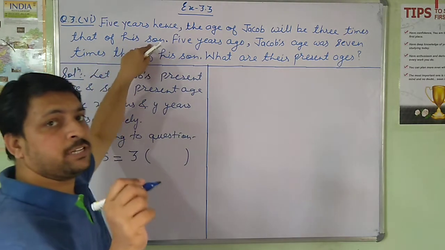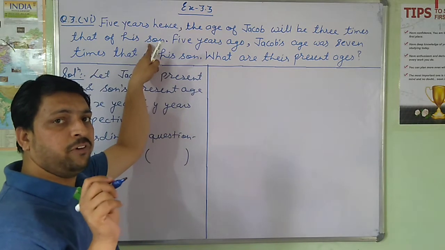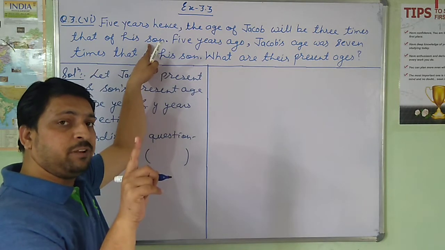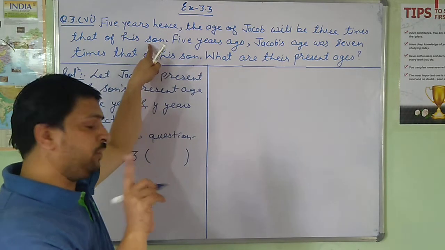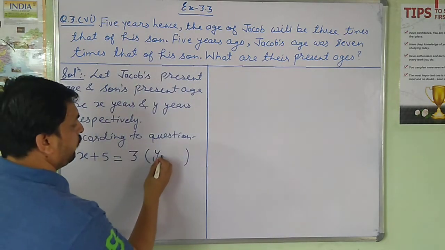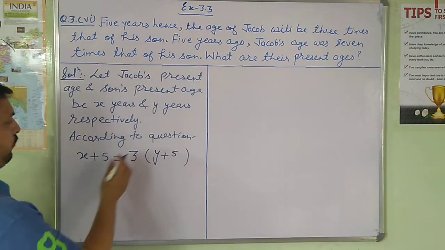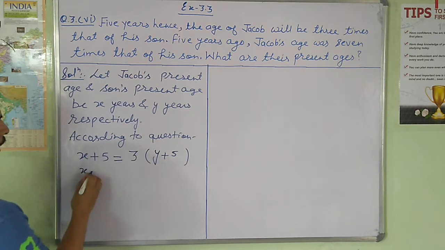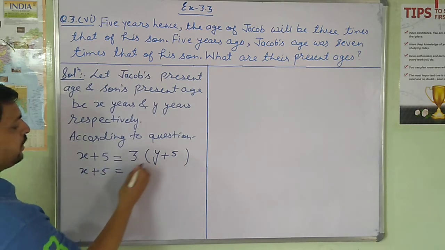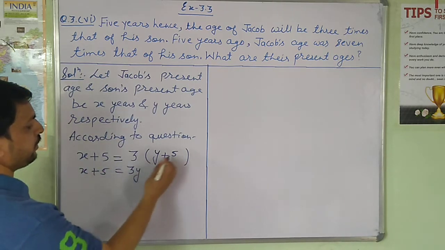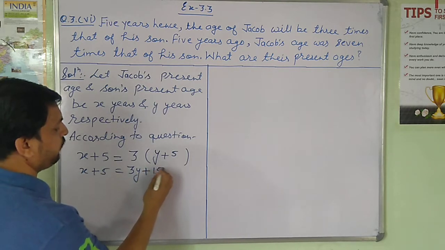Now son's present age is y years. After 5 years it will be y plus 5. Now we can solve this one. X plus 5, 3 multiplied by y, that is 3y, 3 multiplied by 5, that is 15.